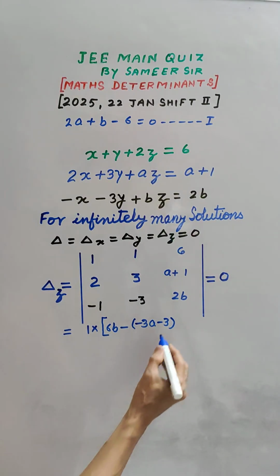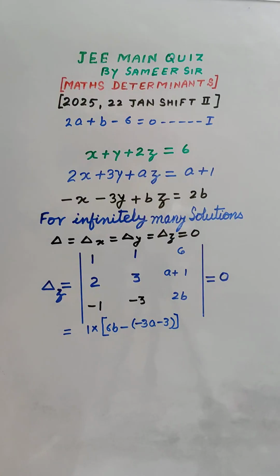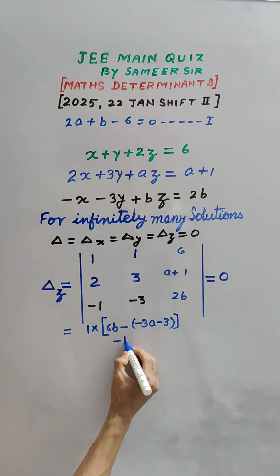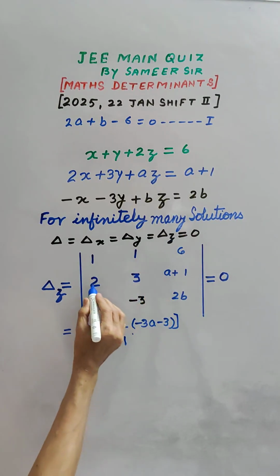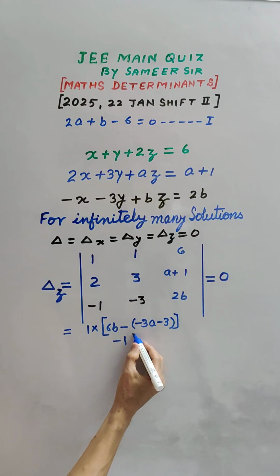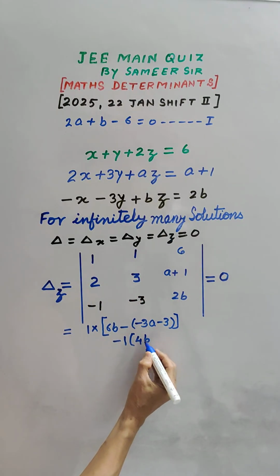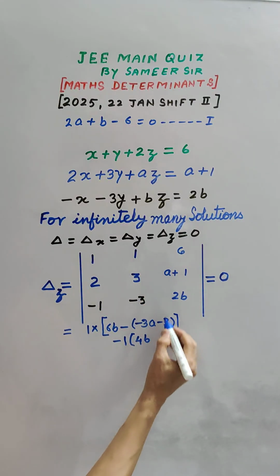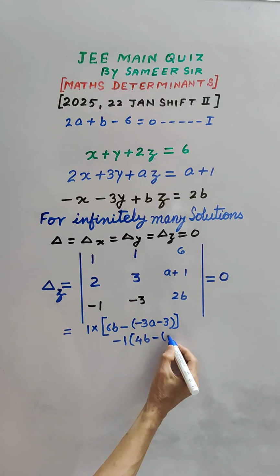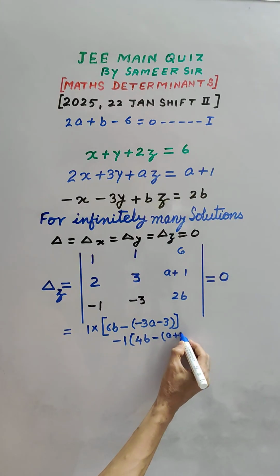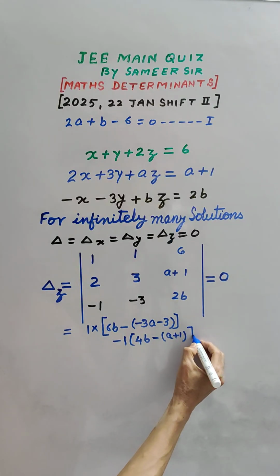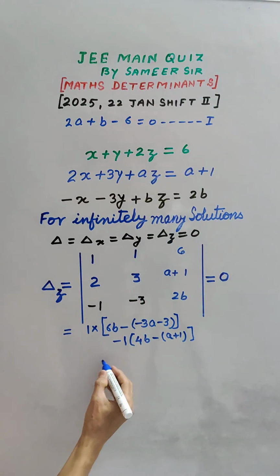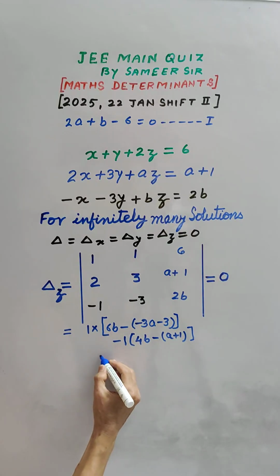And within the second step we write minus 1, leaving this and this, 2 3s are, 2 2s are 4b, minus 1 into a plus 1, this multiplied by this, bracket close.